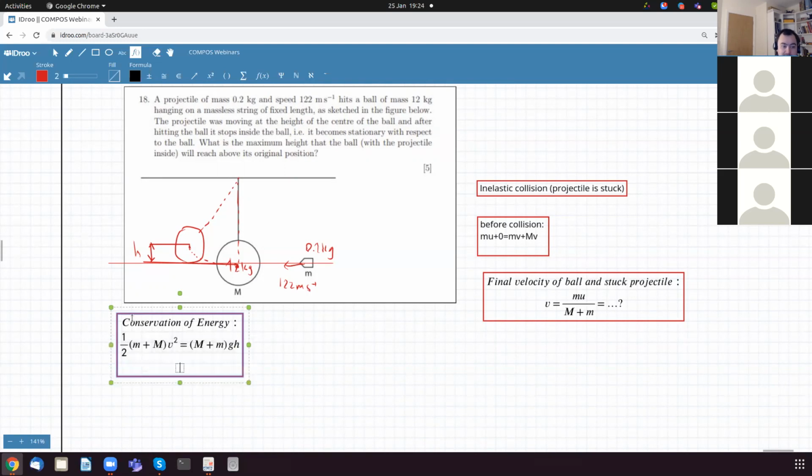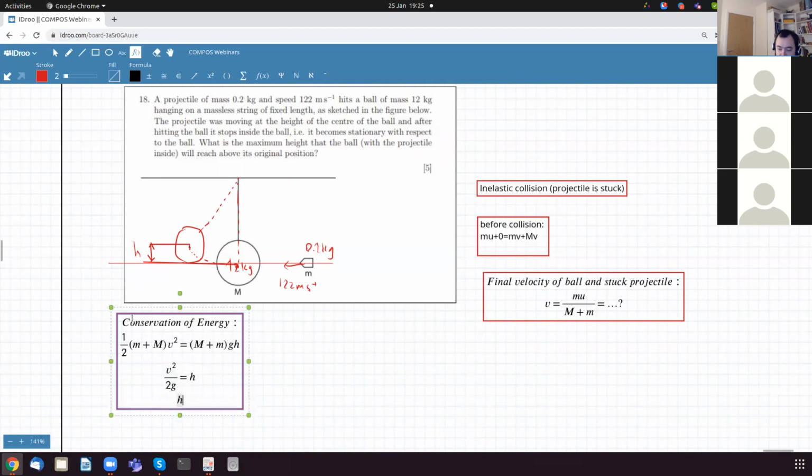And you can see that m plus m cancels, and we need h, so we get v squared over 2g equals h.